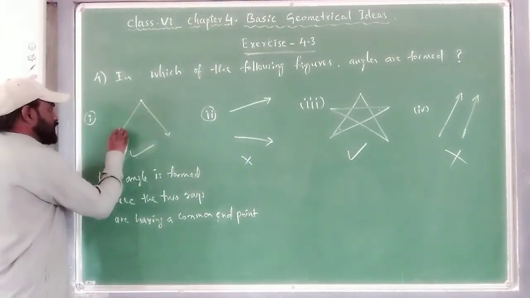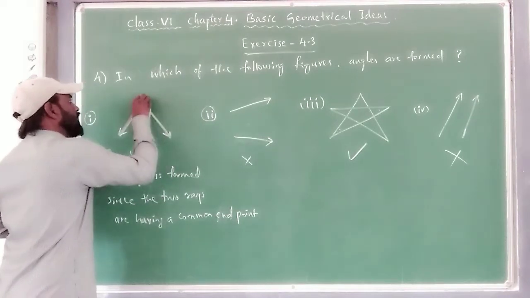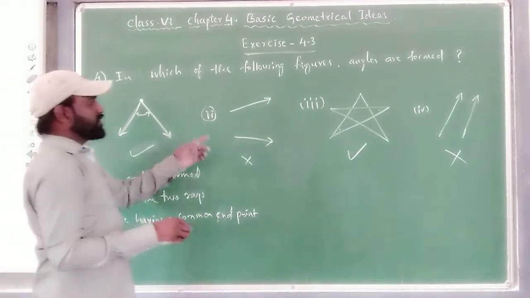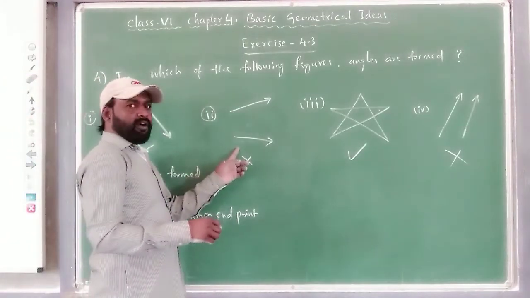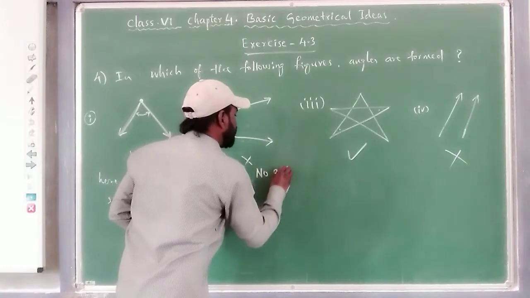See here, because this is one ray, this is another ray, both are starting from one point, so here the angle is formed. So here we see the two rays do not meet at all, so there will be no angle formed here. No angle formed.